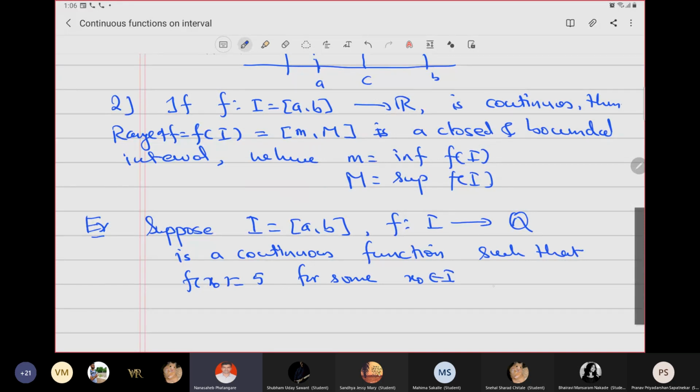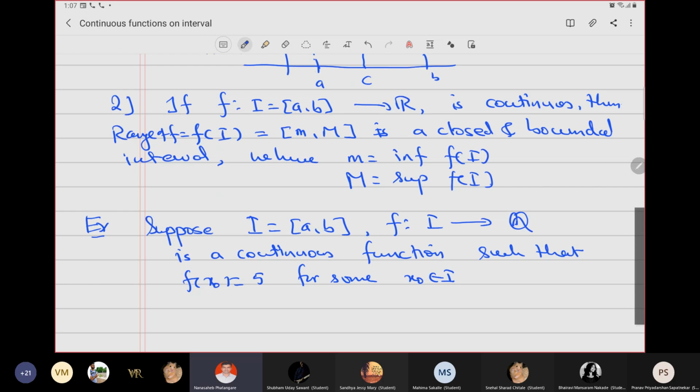So what is the function? The function is defined on an interval [a, b], or for simplicity you can take [0, 1], some closed and bounded interval, and it is continuous, and the codomain is rationals. That means the function takes only rational values. Then what can you say about this function?